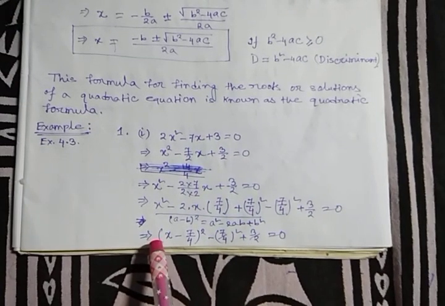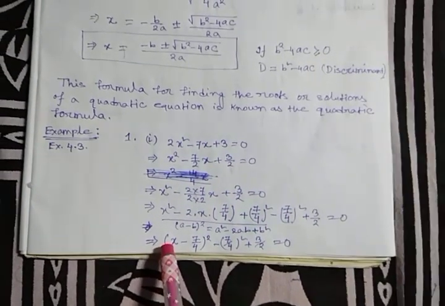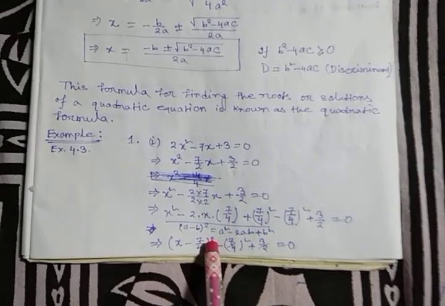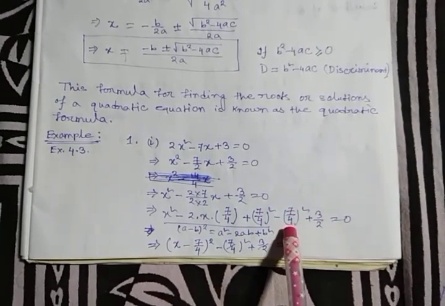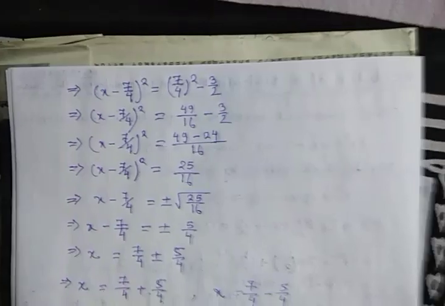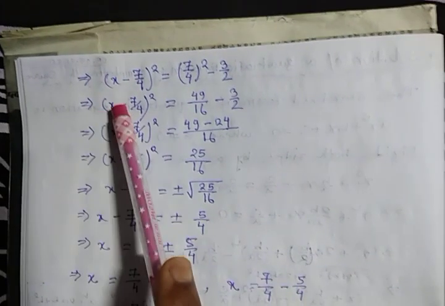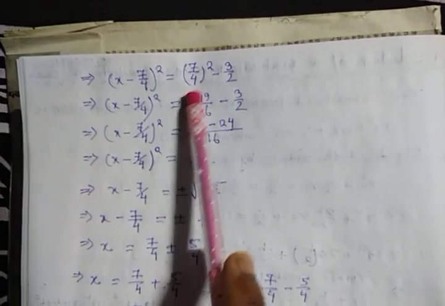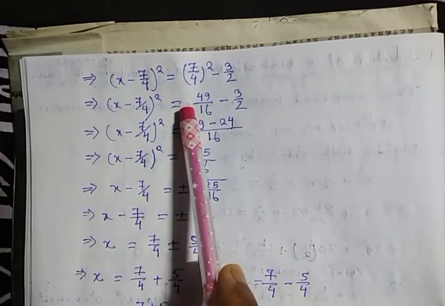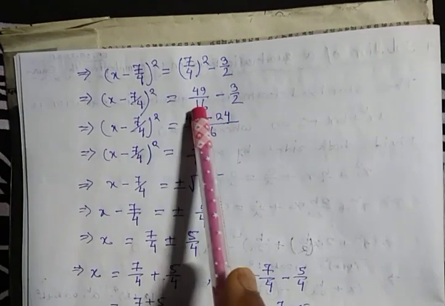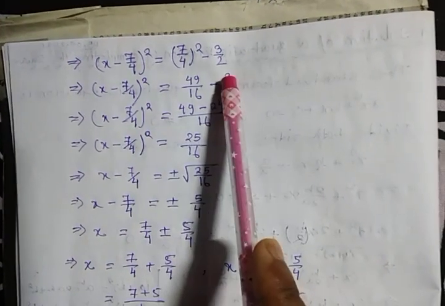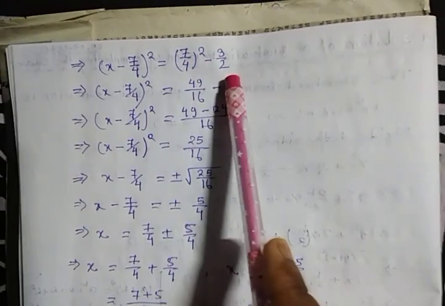Now we can write the left side x minus 7 by 4, that means a minus b whole square, and the remaining part is minus 7 by 4 whole square plus 3 by 2. This implies x minus 7 by 4 whole square is equal to 7 by 4 whole square minus 3 by 2. Because 7 by 4 whole square is negative on that side, it will become positive on the right side, and 3 by 2 was positive, so it will become negative.